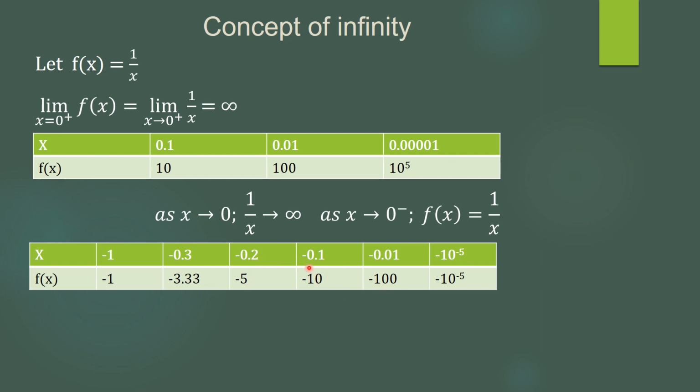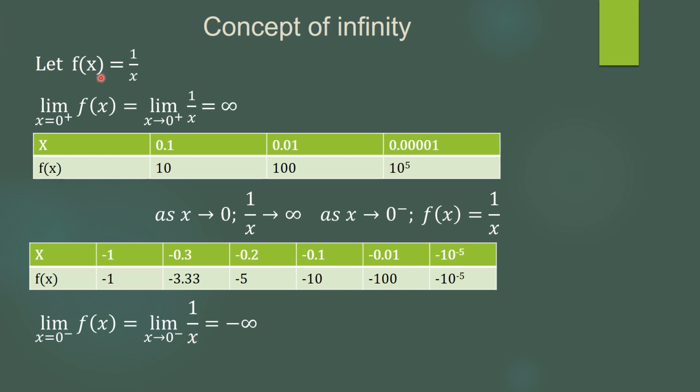If I take minus 0.1, then it is minus 10. So on, whenever we go on increasing the values of x toward 0, the values of f of x go on increasing, but they are negative, and so we can say that limit x tends to 0 minus of f of x, the limit x tends to 0 minus of 1 upon x, is equal to minus infinity.